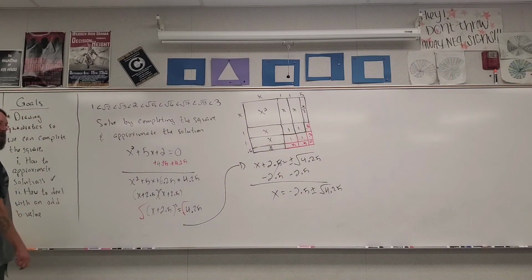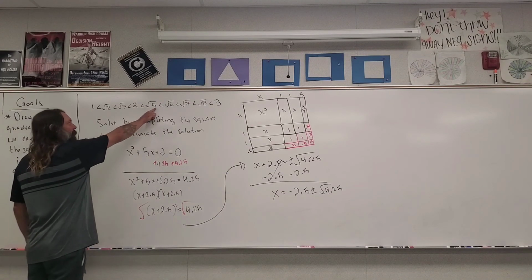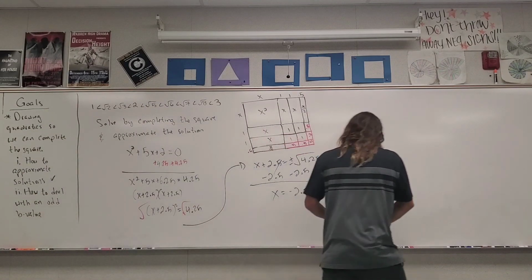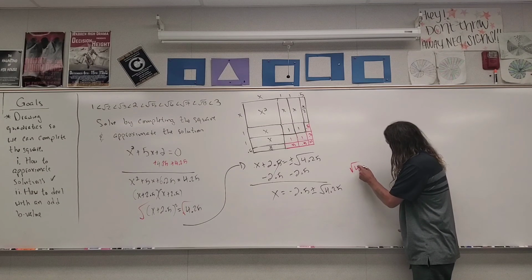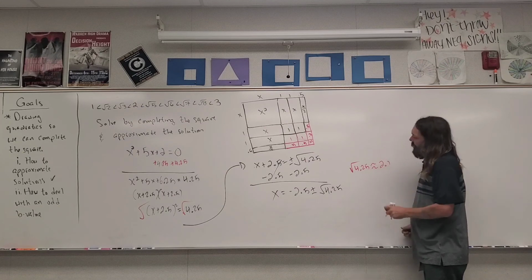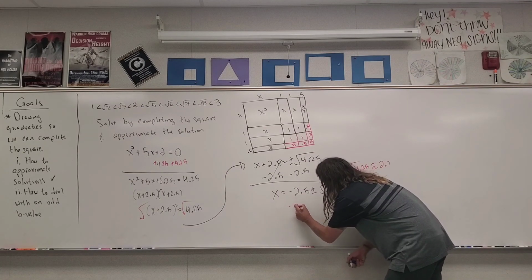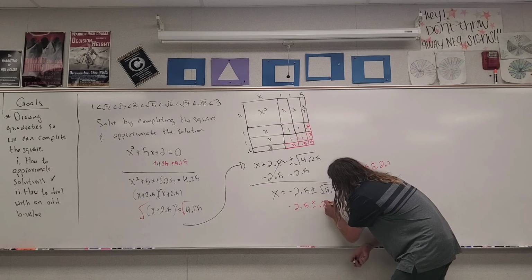So the square root of 4.25 falls a little bit smaller than that and a little bit bigger than that. So we're going to say that the square root of 4.25 has got to be very close to 2.1. Okay, so now I have minus 2.5 plus or minus 2.1.